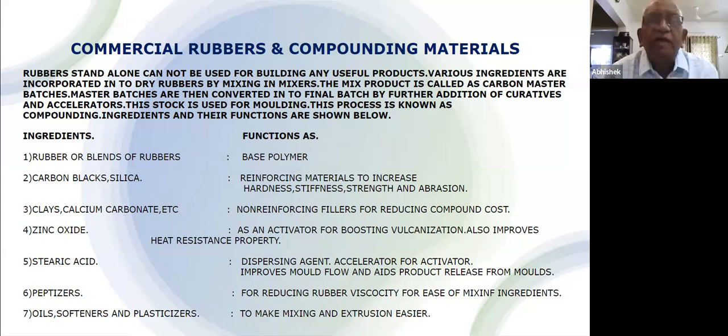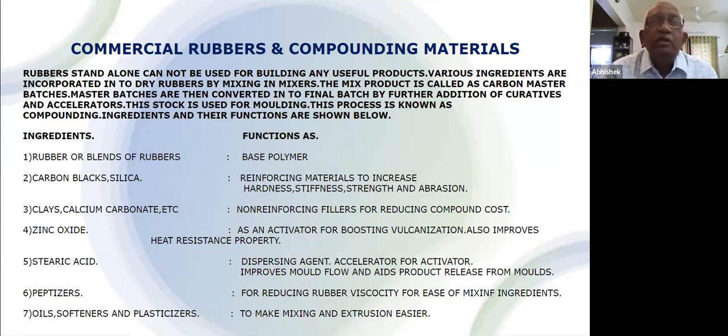It is called the final mixed batch. That means once you have an FMB, you have to use it in a limited period of time, depending on the cure time and other properties. It is called the shelf life of the rubber. Maybe 8 days, 10 days, or 15 days, depending on your recipe and the type of polymer.